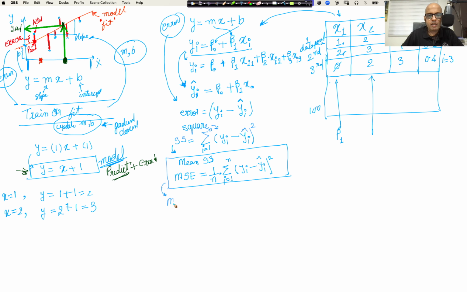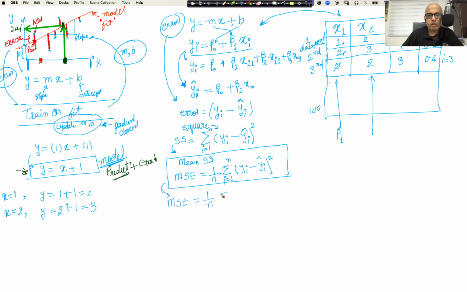We can say that MSE is equal to, sorry, the pen is working slowly, therefore I have to write a bit slow. MSE is going to be equal to 1 over n, that we already know.